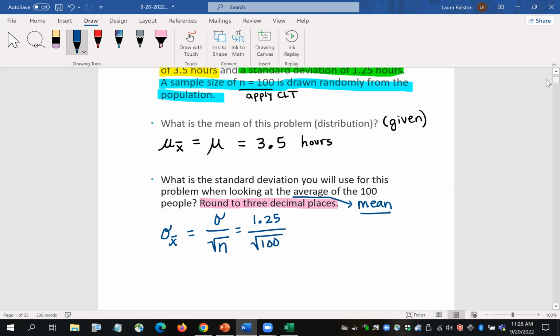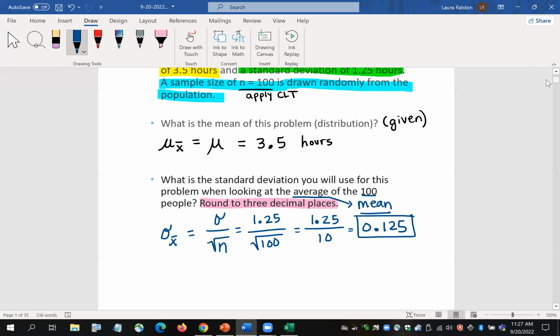And it reiterates here in the question that you had 100 people in the sample. So that gives me 1.25 divided by 10, which is going to be 0.125. So this is my standard deviation rounded to 3 places.